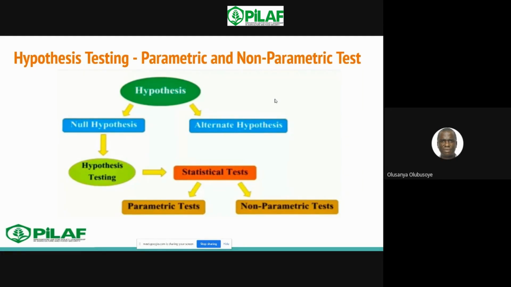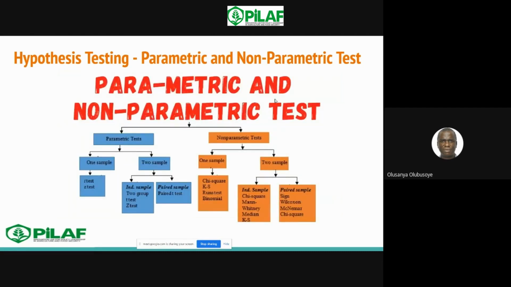At this level of statistical test, there is need to decide: should I use a parametric test or a non-parametric test? What makes the difference between parametric and non-parametric? It's basically one thing: the parametric test assumes there is an underlying distribution, and the underlying distribution assumed is a normal distribution.